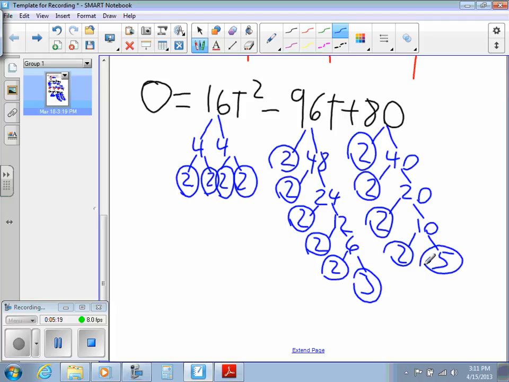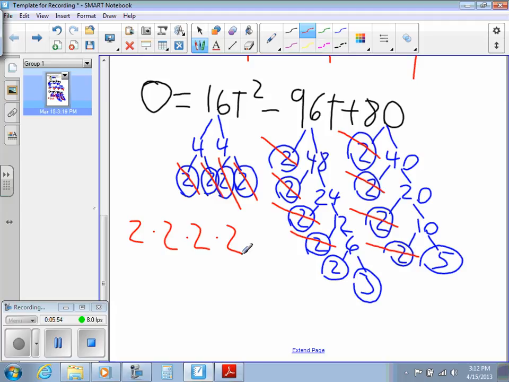So let's see here, what do I have in common? I can factor out a set of 2's, giving me a 2. Another set of 2's, giving me 2. Yet another set of 2's, and one more set of 2's.